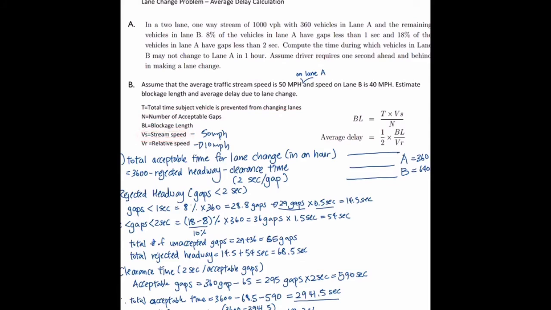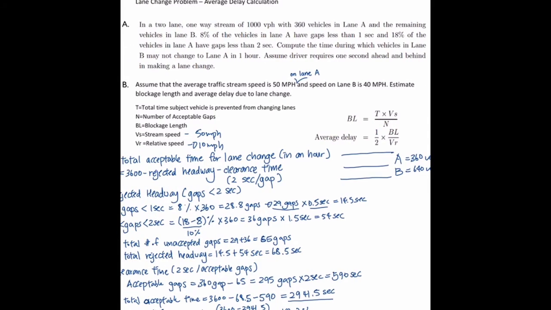They're changing to lane A, so we use 50 miles per hour. N we already calculated in the previous problem. Average delay can be calculated by 1/2 times blockage length over Vr. Vr here is the relative speed, so it'll be 50 minus 40, which is 10 miles per hour.